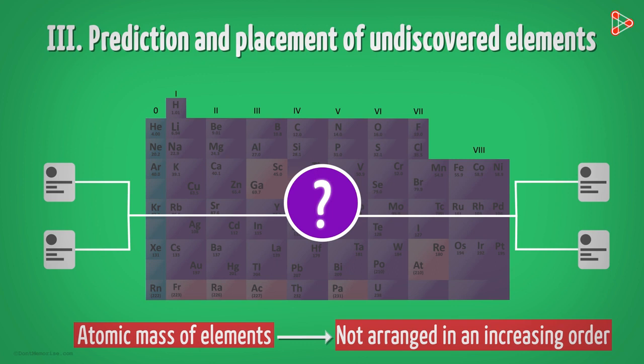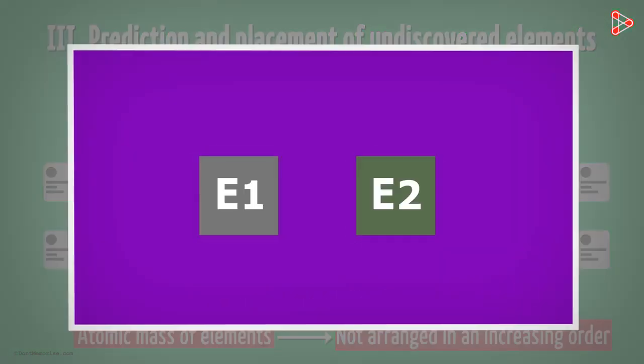Just for the sake of understanding, let us assume some values for the atomic masses of two elements. Element 1 has atomic mass 300, whose position comes first, while element 2 has an atomic mass 297, which is placed later in the table, that is, after element 1. Now in this case, if a newly discovered element, say element 3, has atomic mass of 299, where will we place it?